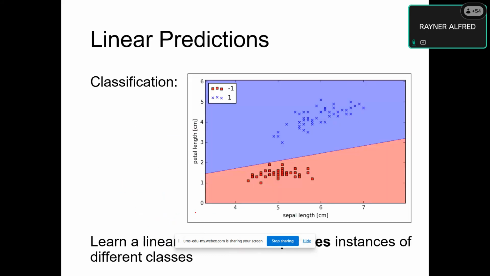We also have this classification. Okay, so the function of the classification is to draw a line that will separate the instances of positive and negative class. So this is for the simplest basic algorithm. So you are trying to find a line that will optimize the separation between the red square and also the blue cross.